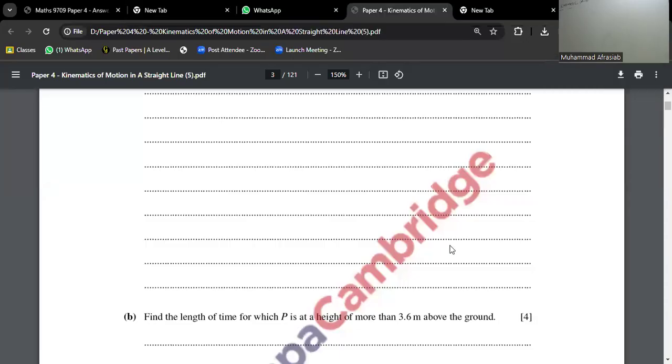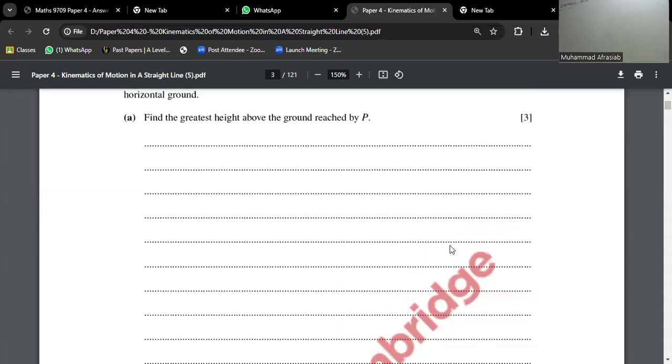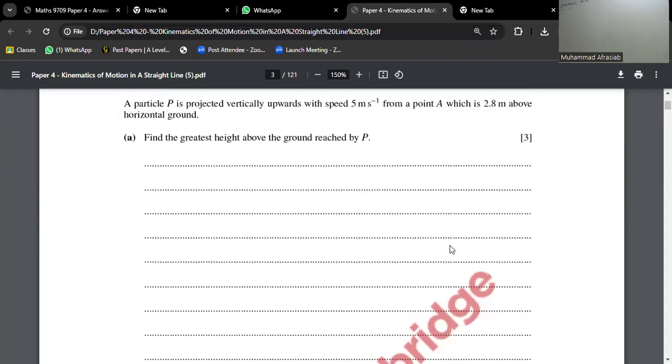We are starting now the topic of kinematics for M1. The question is, a particle P is projected vertically upward with a speed of 5 meters per second from a point A, which is 2.8 meters above the ground, horizontal ground.